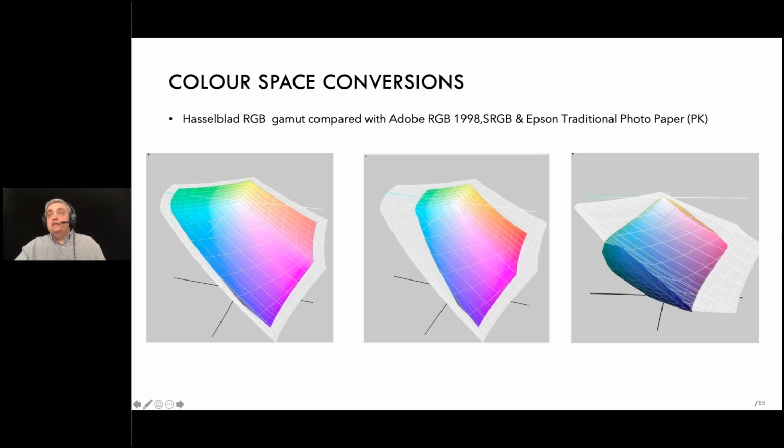Just as critically, this is an Epson traditional photo paper from a standard Epson photo printer, and you can see here that this color gamut is considerably smaller than the Hasselblad RGB. So we need a way of getting the colors we had in our image into a look that is actually printable. As I said, that was through rendering intent.